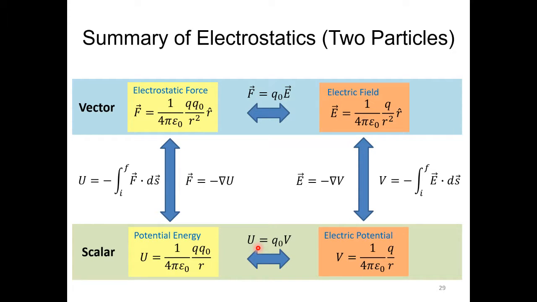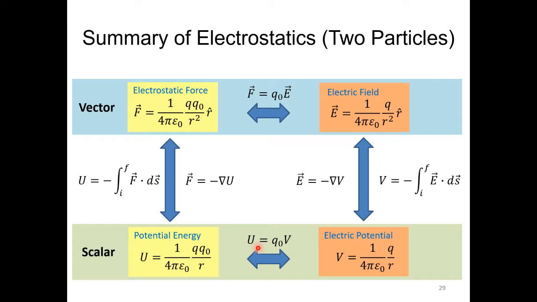Okay, so in chapter 21, we defined the electrostatic force F like this, and for chapter 22, the electric field is something like this. For chapter 24, this chapter, the electric potential energy and the electric potential.